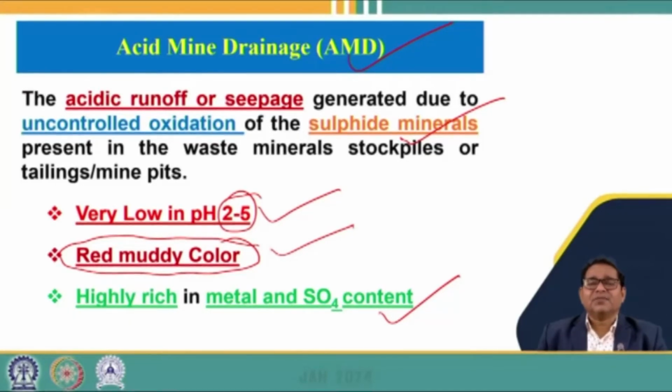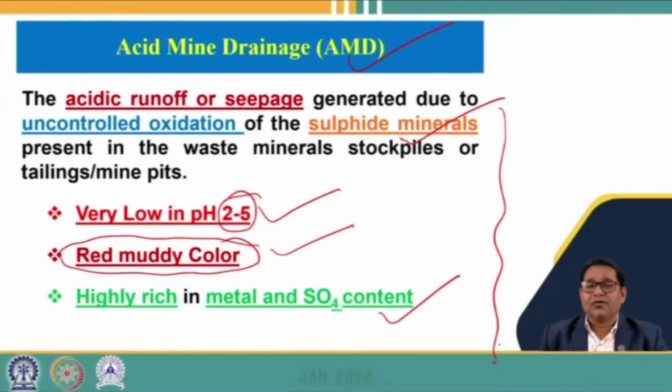So this is a highly polluted waste stream which is generated mostly from the tertiary coal field where the sulfur content is high and there is plenty of pyrite found in the coal deposit. So this type of acid mine drainage is mostly generated from the tertiary coal field.